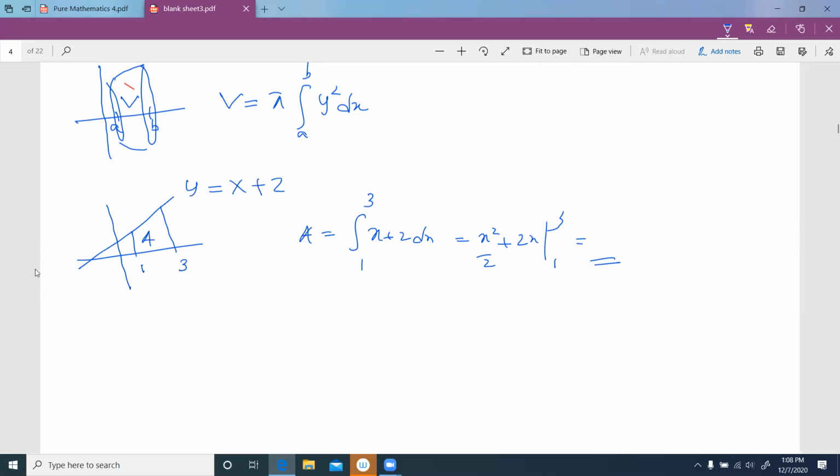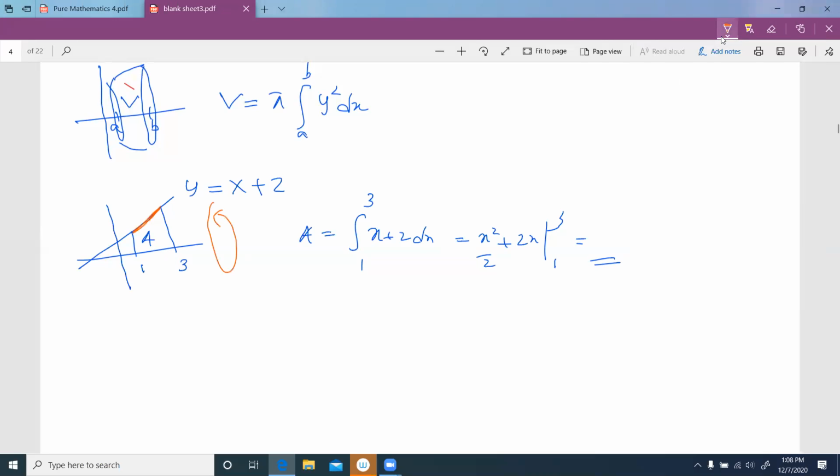In this case, I'm taking only this part of the curve, from the boundary here to here. Only this bit. Then I will rotate it through an entire 360 degrees.